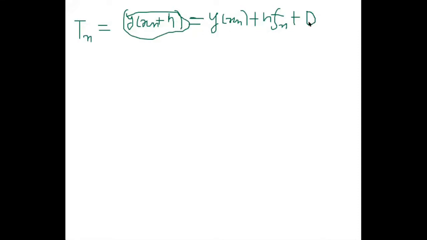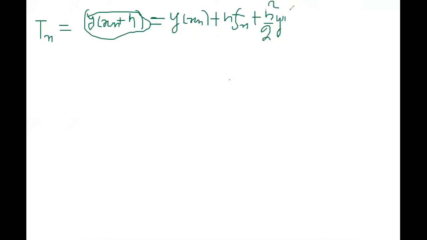So h square by 2 y double prime, plus dot dot, or if you want you can write this Taylor series in the remainder form. This is xi, minus y at xn, am I right?